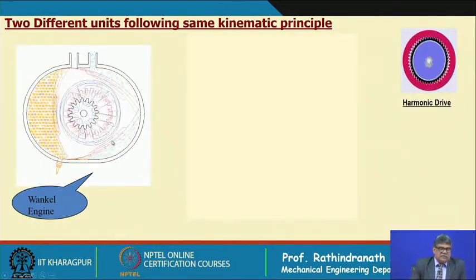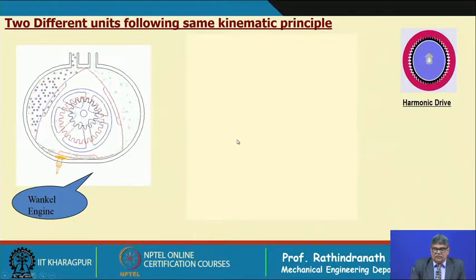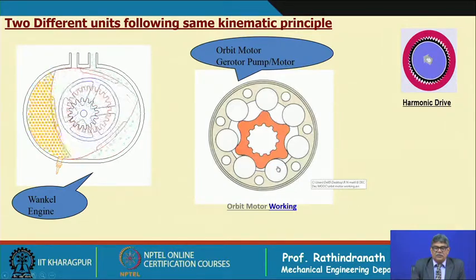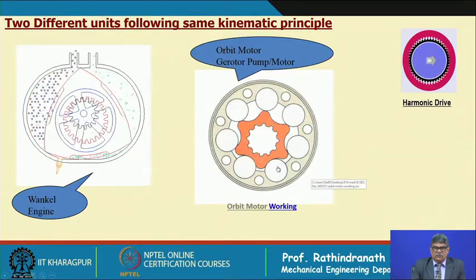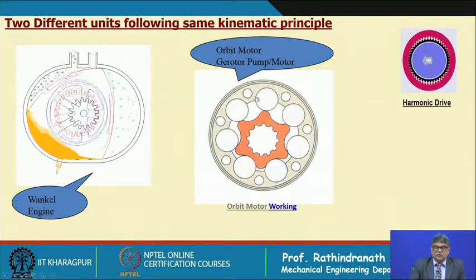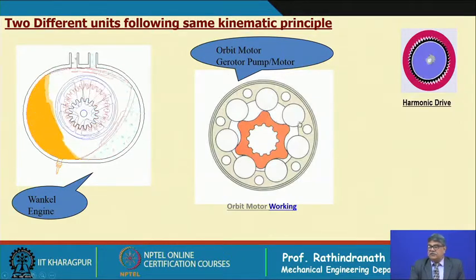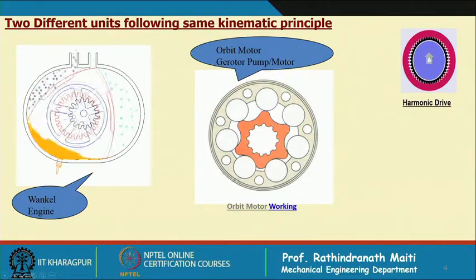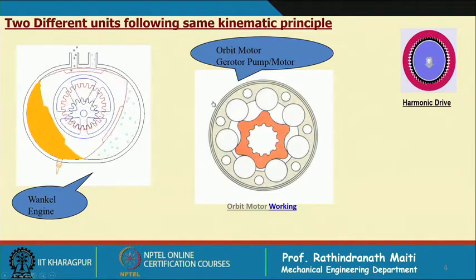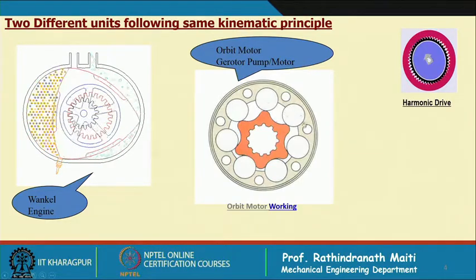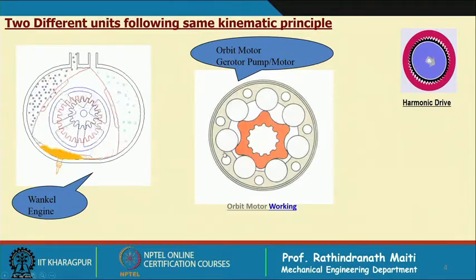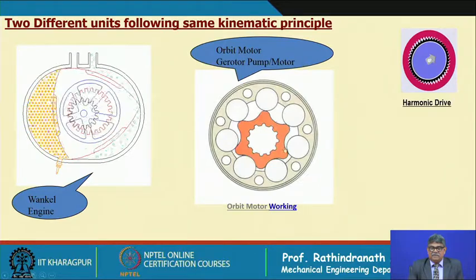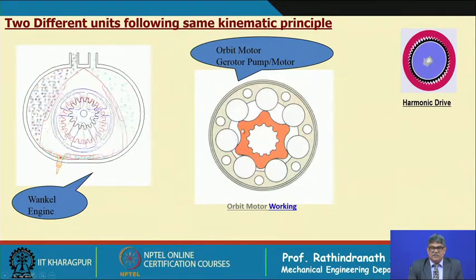Now, along with that, we can also relate another machine which is called the orbit motor. In the orbit motor, if we look into this, there is an outer gear which is nothing but a ring, and the lobes are in the form of cylindrical rollers, and inside there is a cam sort of thing which has lobes.